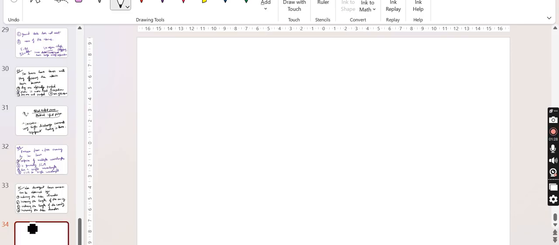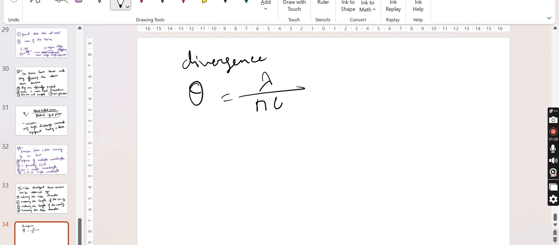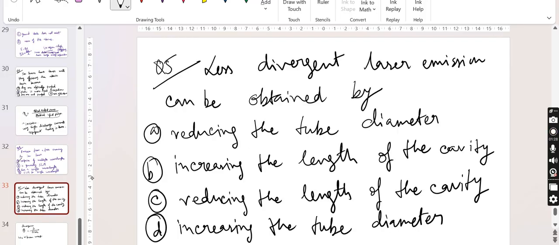So for the Gaussian beam, the divergence theta is given by lambda by pi omega naught, where omega naught is the beam waist.